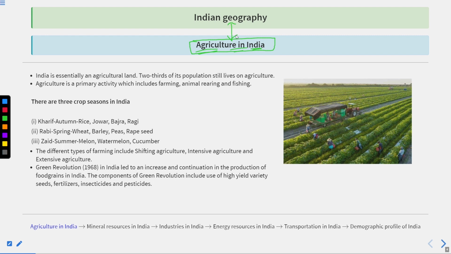Third is Indian geography. The location of India makes it a suitable place for agriculture. The climatic conditions are in favor of agriculture.